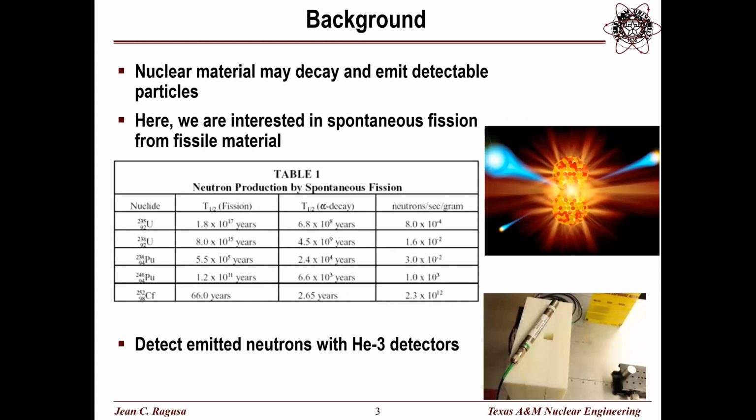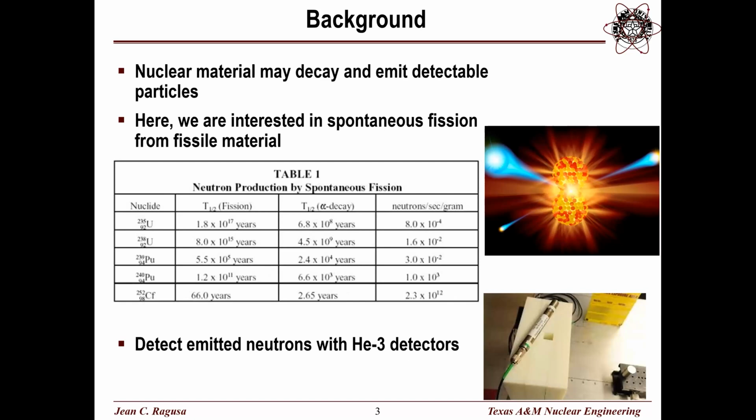So nuclear material may decay and emit detectable particles. This is how you can do material control and accountancy. Here we are interested in spontaneous fission from fissile material. So in the table here, you can see that for some isotopes, a certain number of neutrons are emitted per second per gram of material.